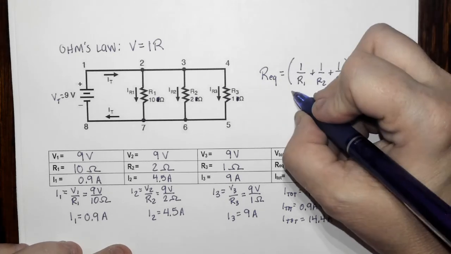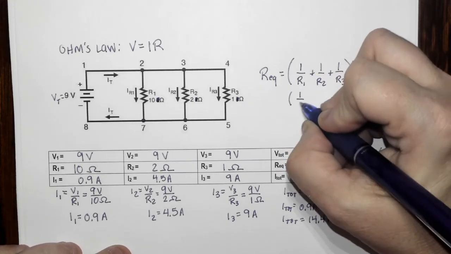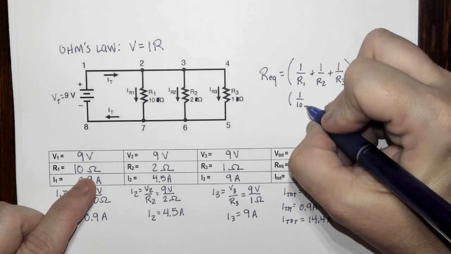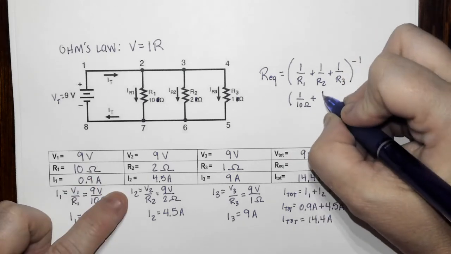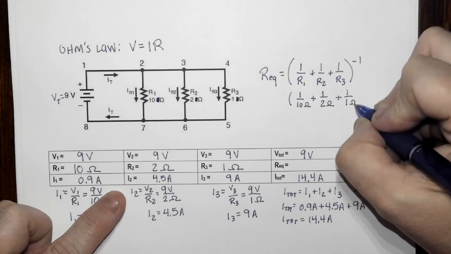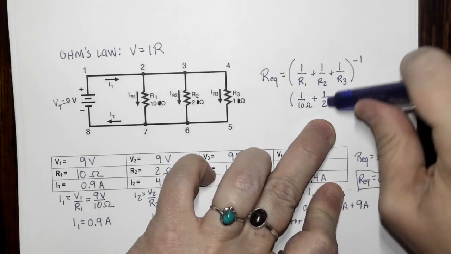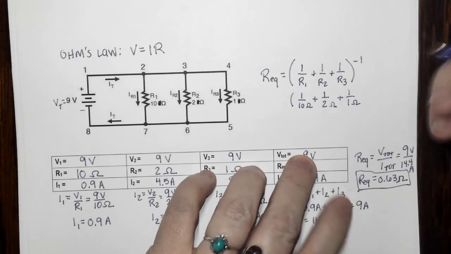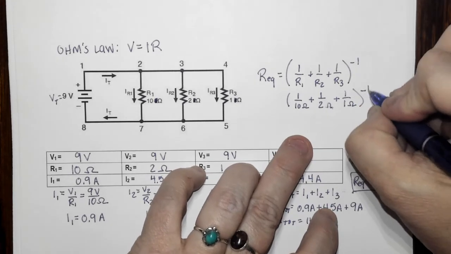Okay, 1 over R1 is 1 over 10 ohms plus 1 over 2 ohms plus 1 over 1 ohm. Sorry, I made like a weird loopy ohm there. And then to the negative 1.